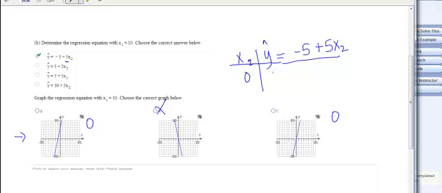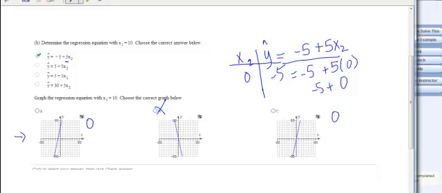If I put 0 in for x sub 2, this is 5 times 0 plus negative 5, and this is 0, and then 0 and negative 5 would just give me negative 5. That's 1 point, so the point 0, negative 5 would be here.